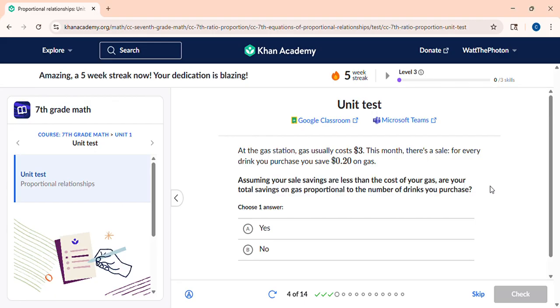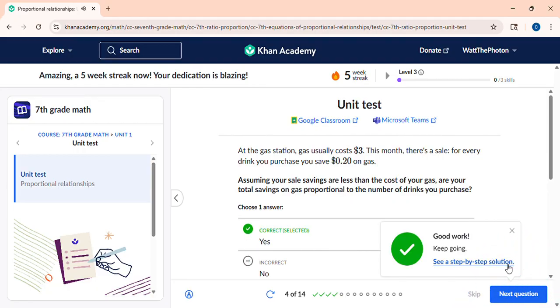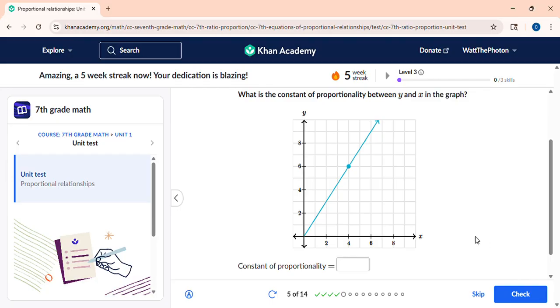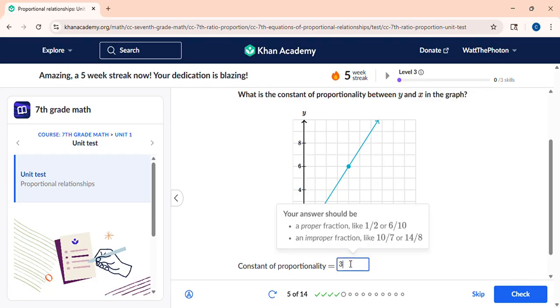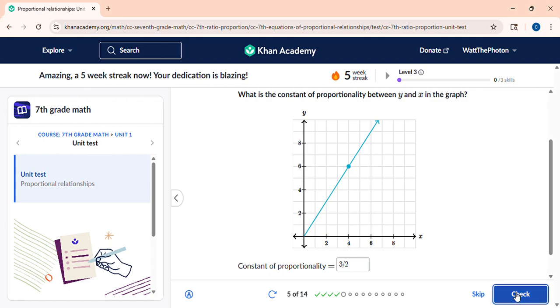Assuming your sales savings are less than the cost of your gas, are your total savings on gas proportional? Correct. Six, 4. There we go.